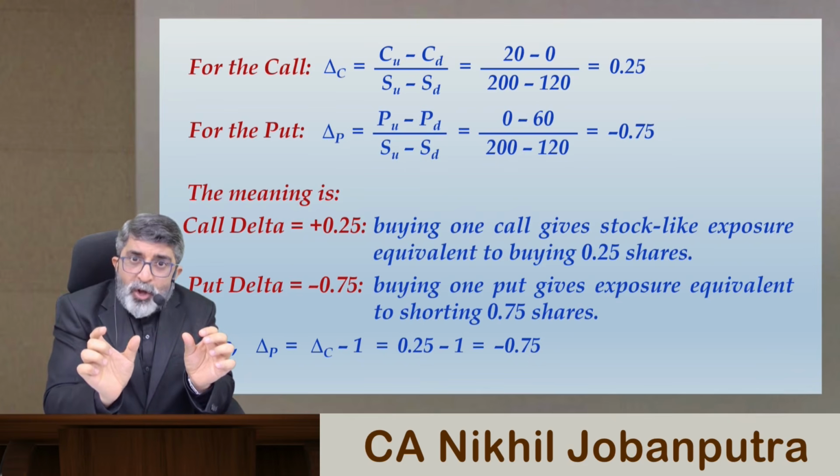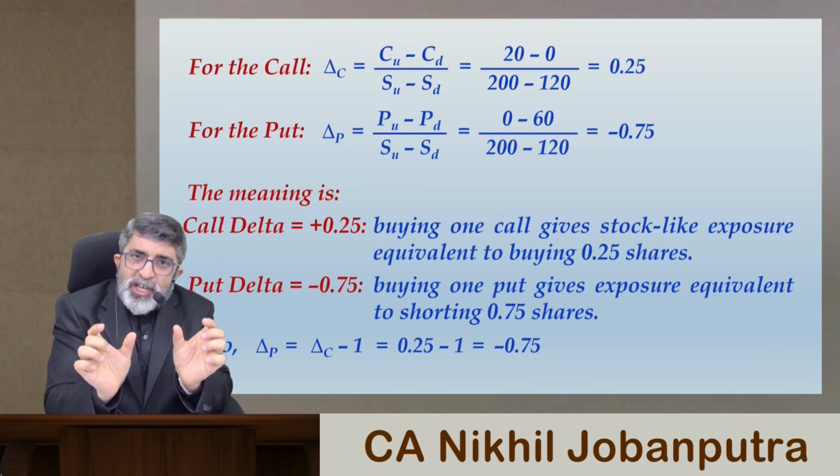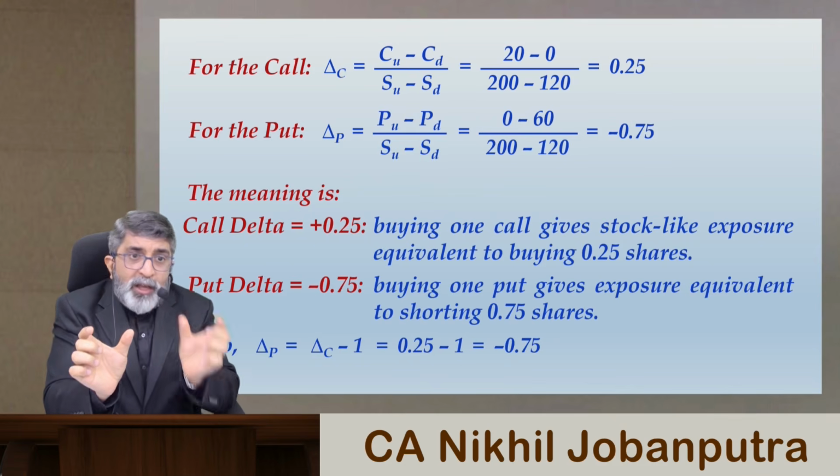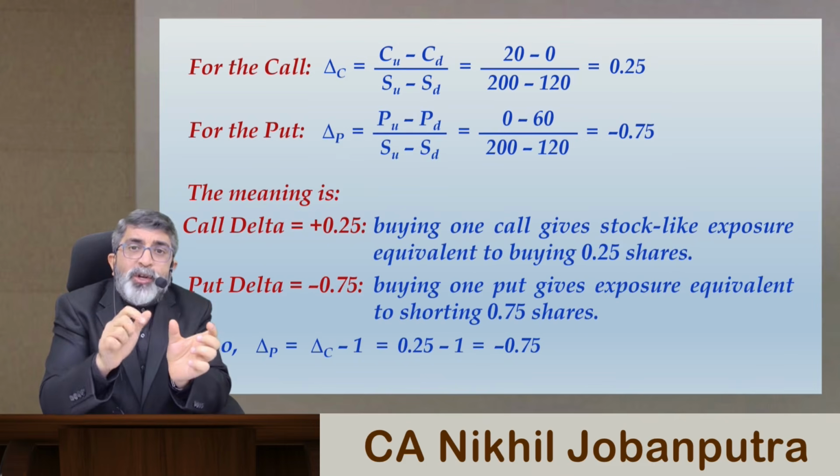Against sale of one call, if you are buying 0.25 share, that becomes a portfolio of shorting one call and longing 0.25 shares.